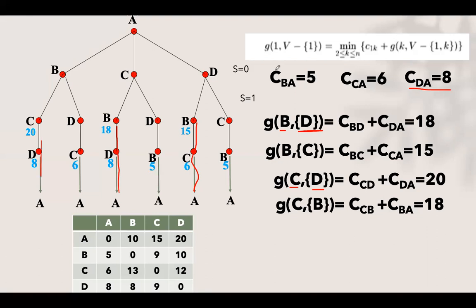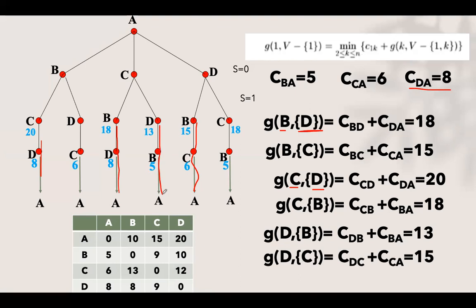See, that is this same formula we are substituting. Next cost of D. Cost of D to B plus cost of B to A, 30. Next, cost of D to C plus cost of C to A, that is 50. This cost.